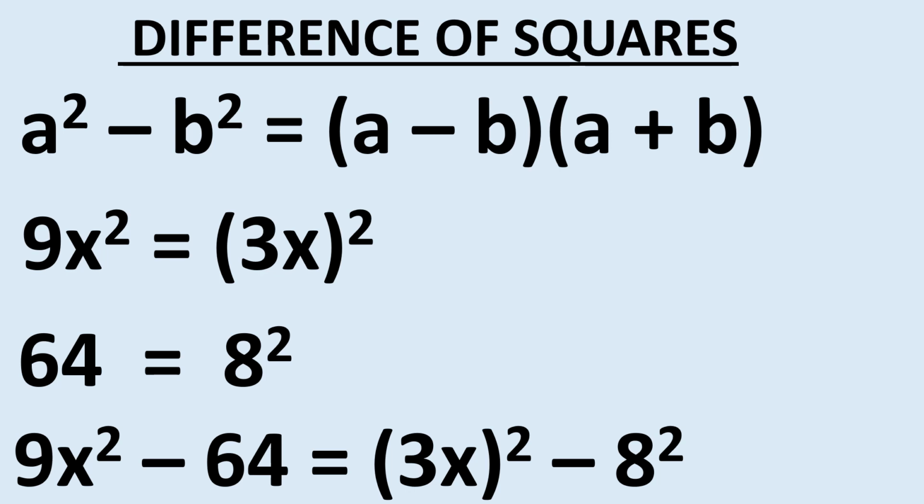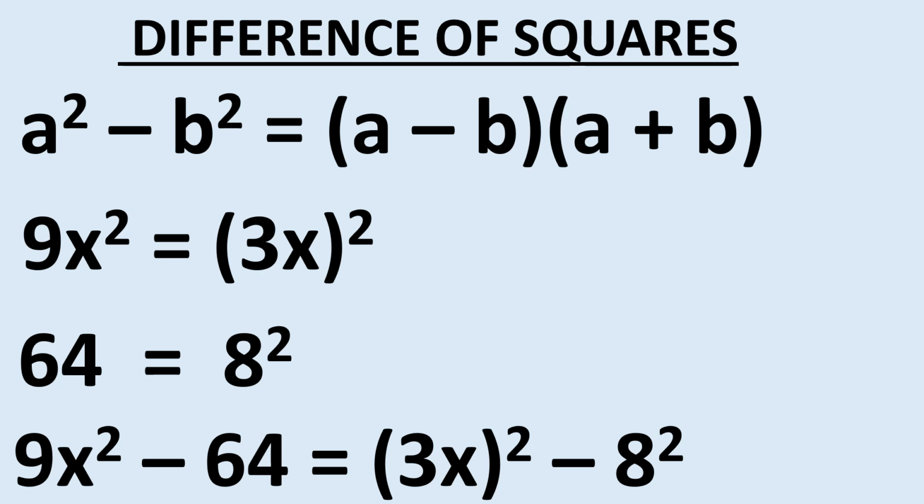If we look at 3x all squared minus 8 squared, it is an example of a difference of squares. So that means the above rule, a squared minus b squared is equal to a minus b into a plus b, applies.